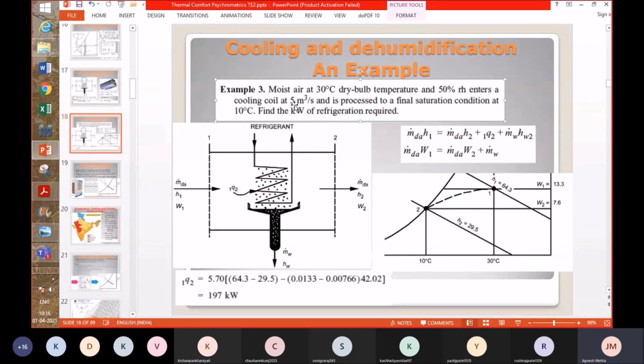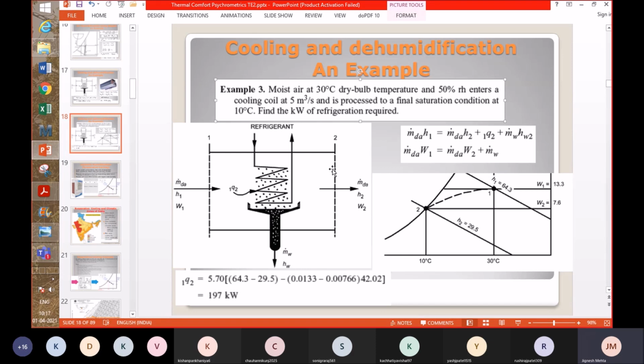And it enters the cooling coil at this volume flow rate, right? And you might have to get the mass flow rate from this volume flow rate, and it is processed to a final delivery temperature, or the supply temperature, when it comes out of the cooling coil.